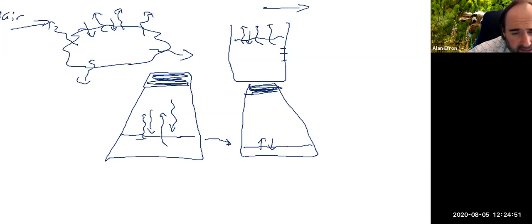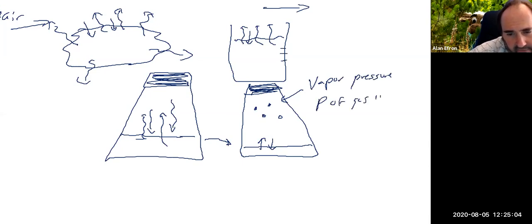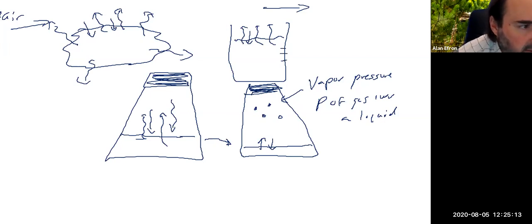And because these gas molecules have nowhere to go up here, it creates what is known as the vapor pressure of a liquid, which is basically the pressure of a gas over a liquid. If something has a very high vapor pressure, it's said to be volatile, like we talked about, which means it will go into the gas phase relatively easily.